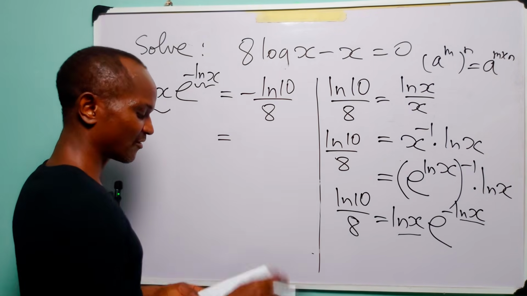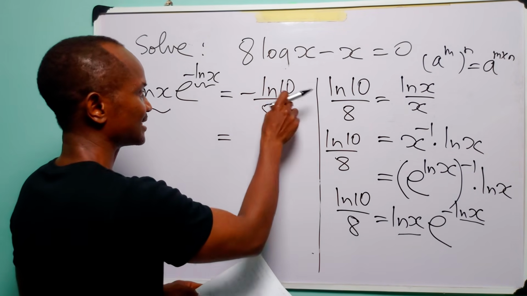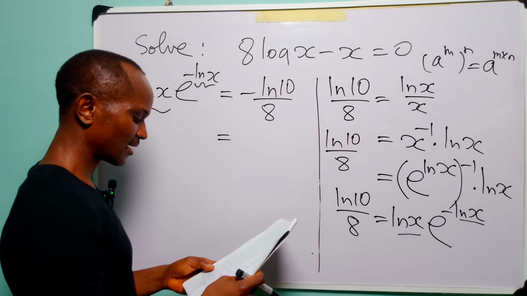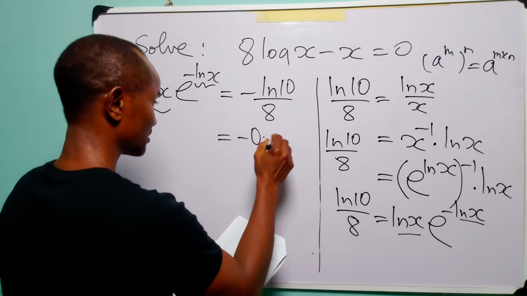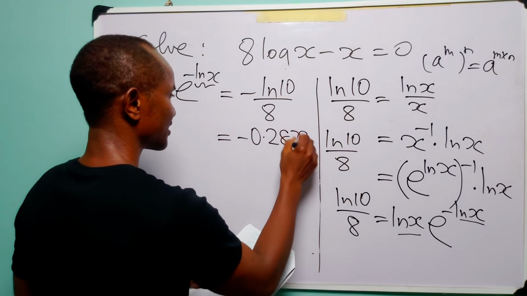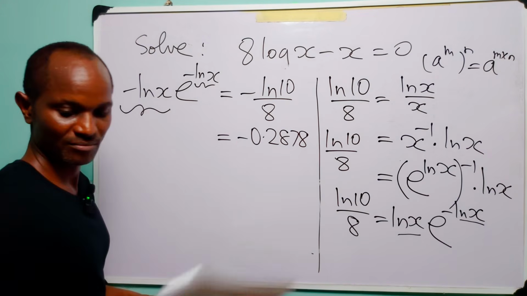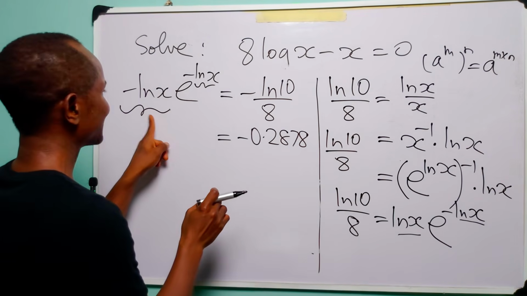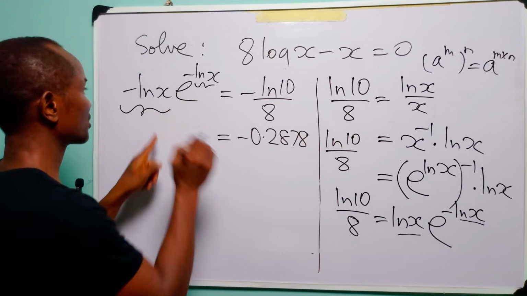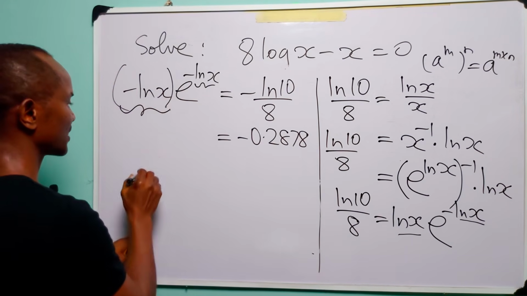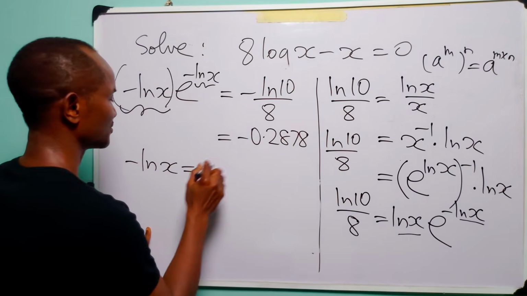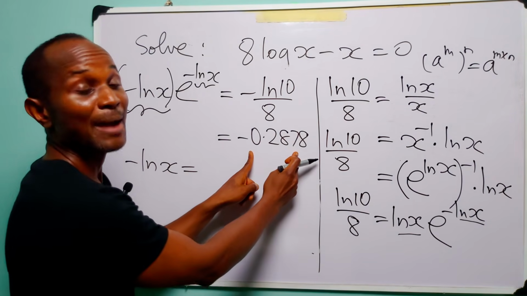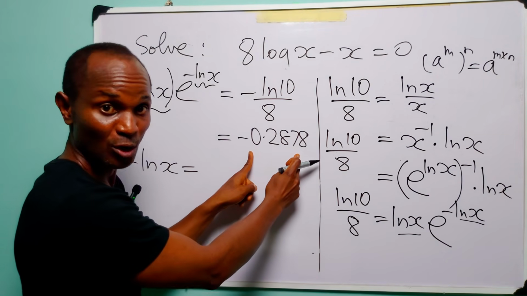And when we do that, we have that minus ln 10 divided by 8 is equal to minus 0.2878. Now, when you apply the Lambert W function to this, what you simply have is this. So we have that minus ln x is equal to, we apply the Lambert W function to this also.